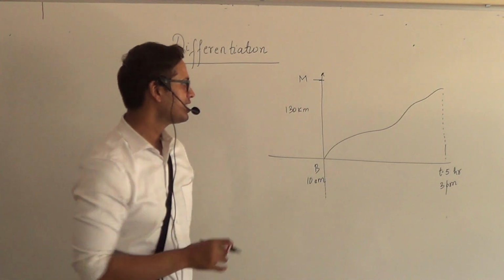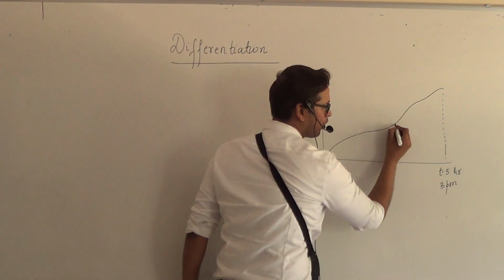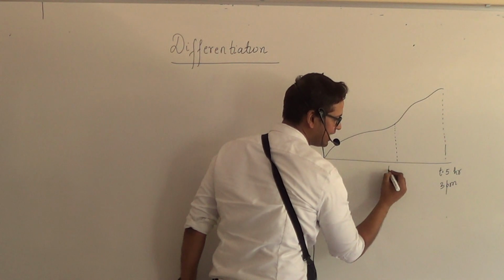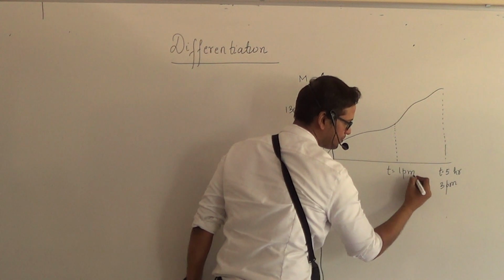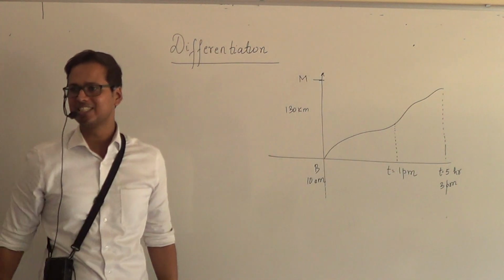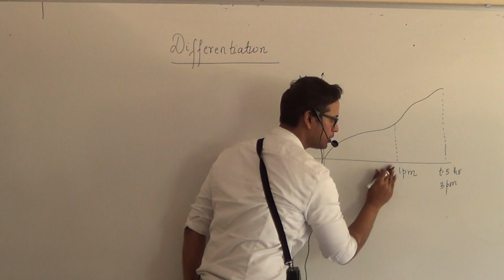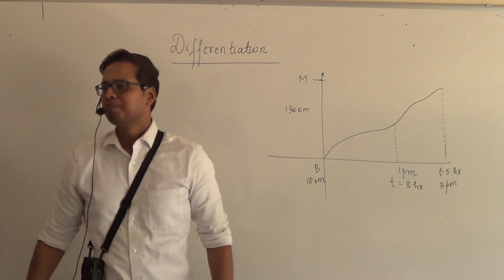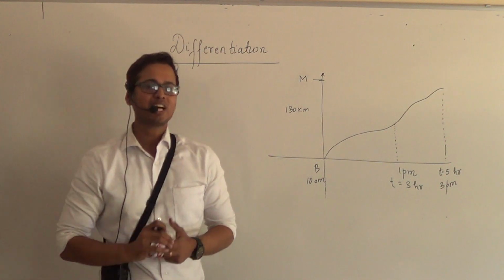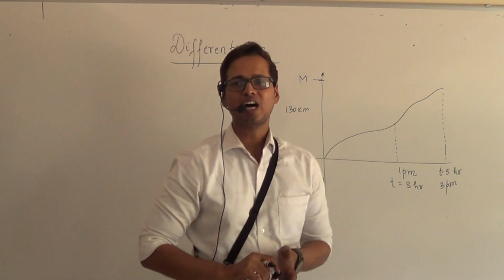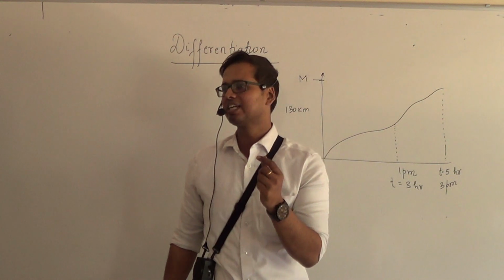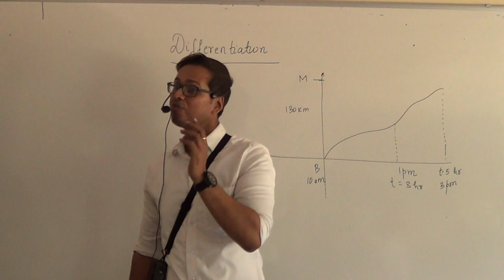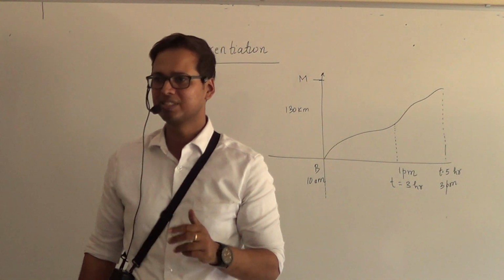Correct? But many of us were not able to answer what was the velocity of the car exactly at, let's say, 1 p.m. or let's say 3 hours past the journey. So let's say t is equal to 3 hours, right? Because we were struggling with the problem of how small displacement should we take in how small interval of time. That is going to tell me how fast I was traveling at that instant of time, isn't it?